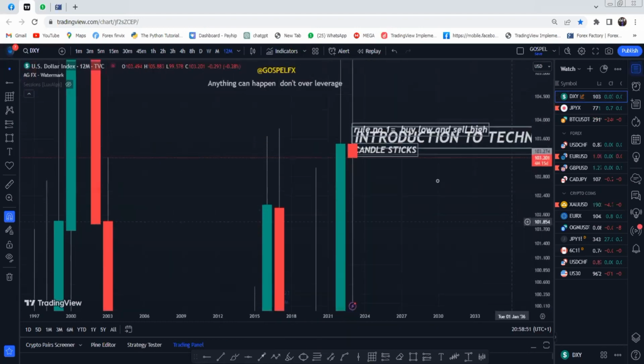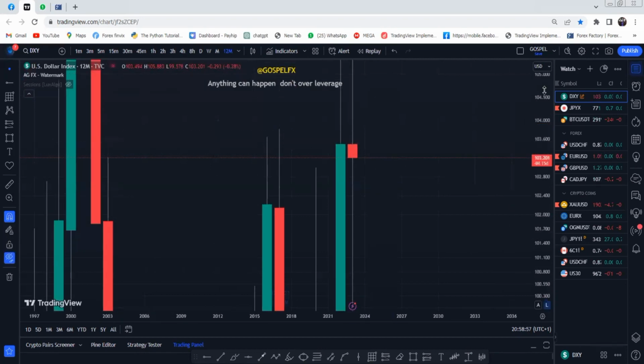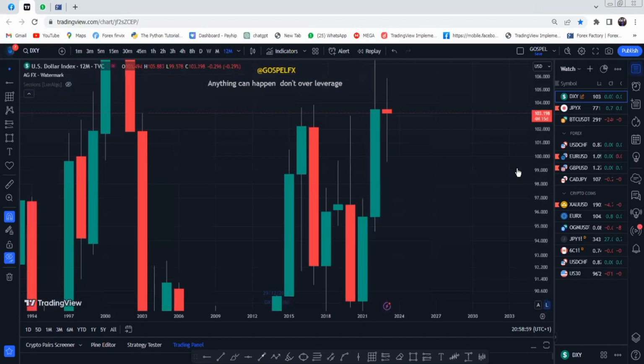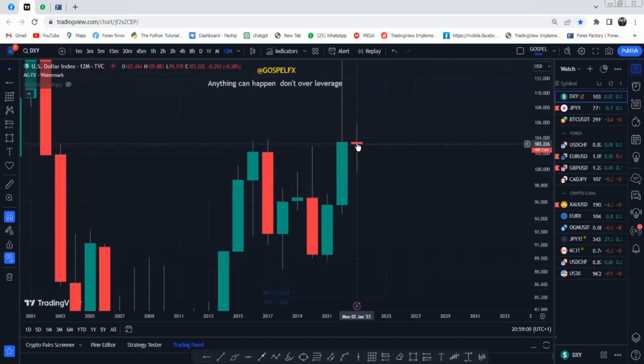Now this particular candle here is the candle that started this year on January. This one is the candle of 2022. This candle is 2021, 2020, 2019, 2018, 2017, and so on and so forth.